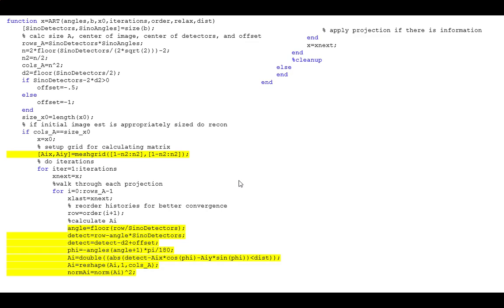And I check and see, is it less than distance? So if I had said 1/√2, like 0.707, is it within 1/√2? Is the detector that distance from the line? Okay? And then I turn it back into a double because this is a Boolean.